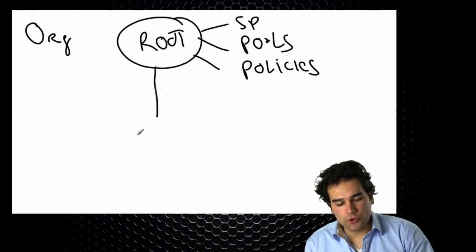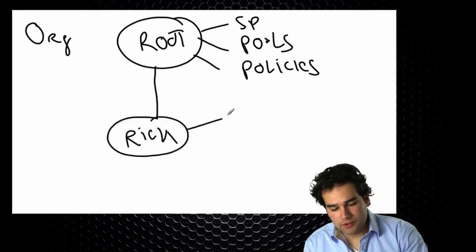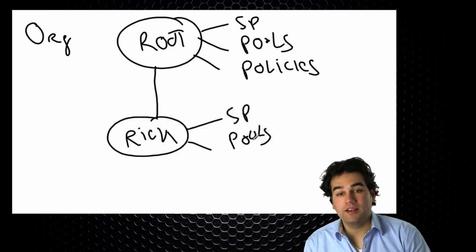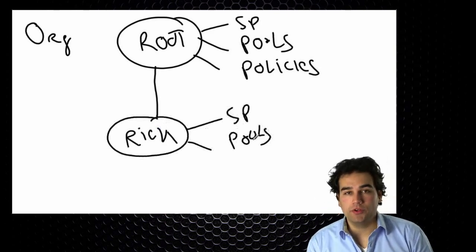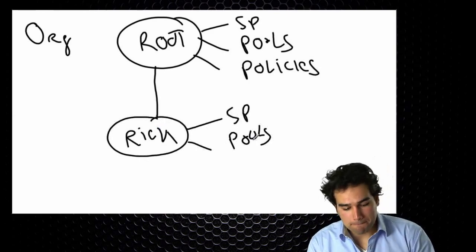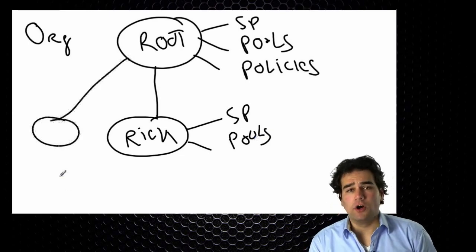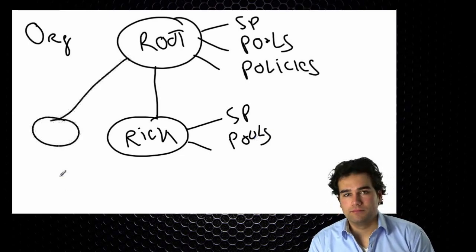Now, under the root organization, I created something else called RIC. And in RIC, I can create service profiles, pools, policies, and templates, just like I would in any other UCS installation. I can create multiple of these. Each is its own separate management domain.